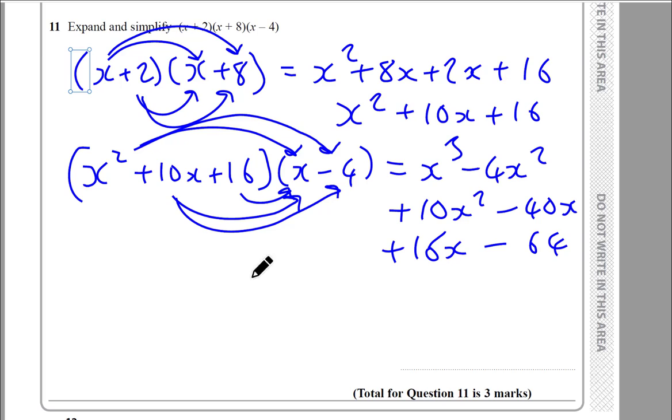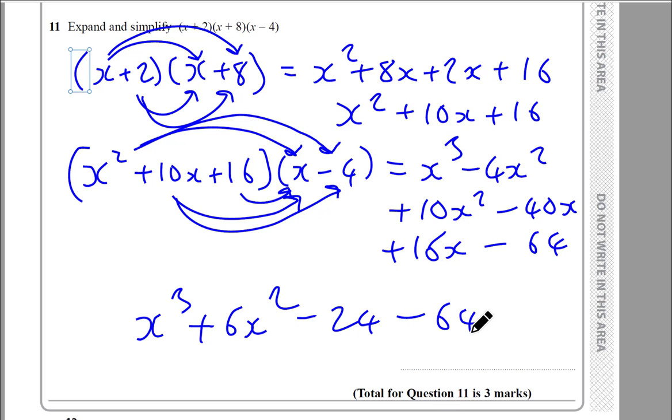Combine the like terms, and people do lose a mark on this just because they mess up the negative symbols, but that's going to be x cubed minus 4x squared plus 10x squared, that's plus 6x squared minus 40x plus 16x, so that's going to be negative 24x minus 64. That's your 3 marks, quite easily done.